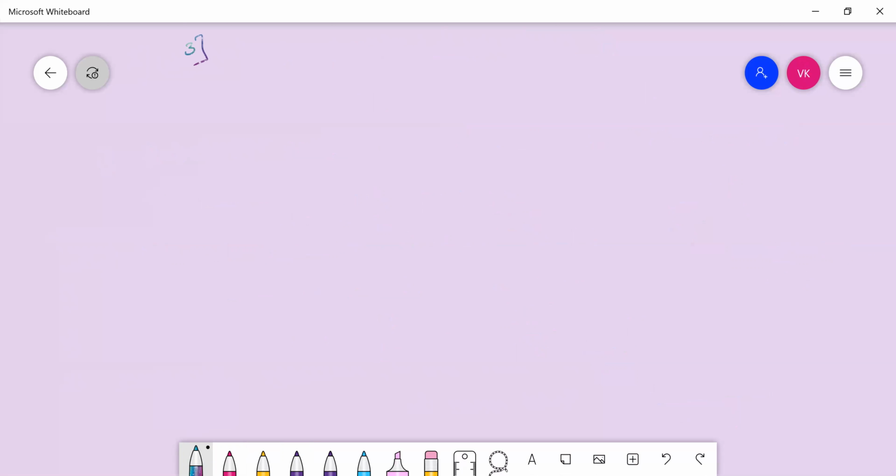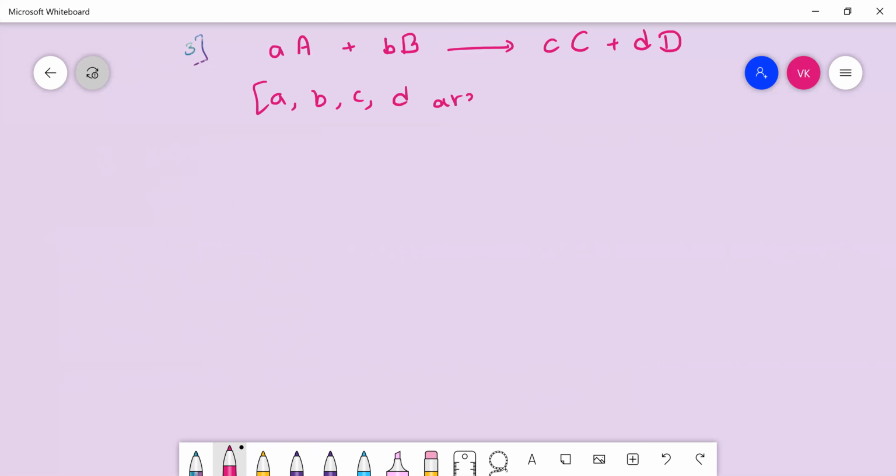I'm going to take a reaction where a moles of A is reacting with b moles of B and giving c moles of C and d moles of D. Here the small terms a, b, c, d are moles of corresponding reactants and products.